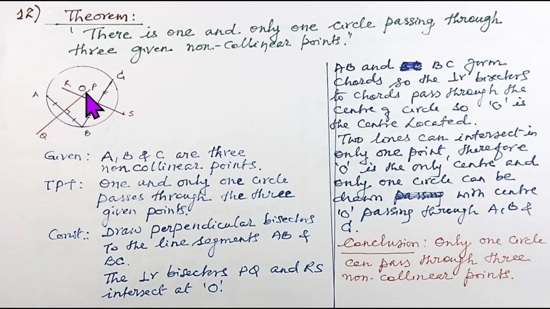Now the two lines PQ and RS can intersect in only one point, and therefore O is the only center, and only one circle is possible to be drawn passing through the three points A, B and C. The conclusion is that only one circle can pass through three non-collinear points.